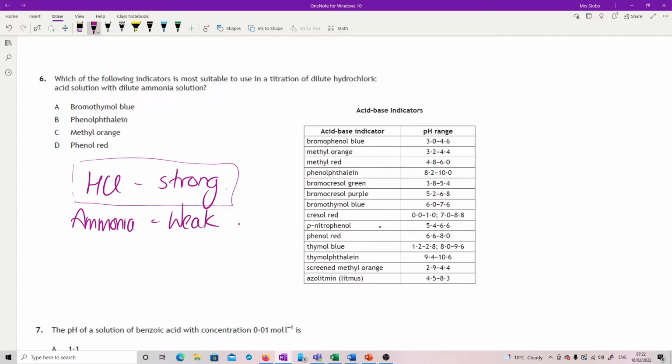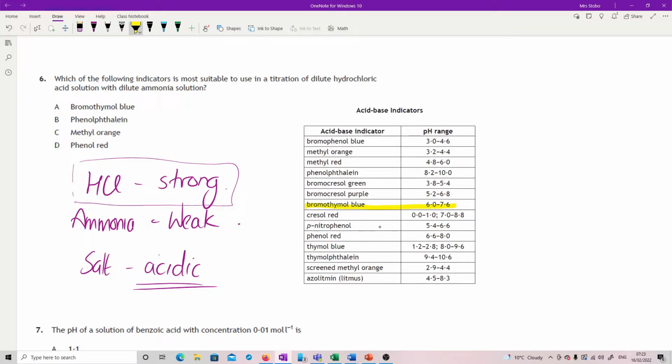Okay, so what happens when you do this though? If I've got a strong acid and a weak alkali, I'm going to end up with a salt that is going to be acidic. So if the salt is acidic, I need an indicator which is going to work in an acidic range. Then you just go through them. Bromothymol blue, 6 to 7.6.